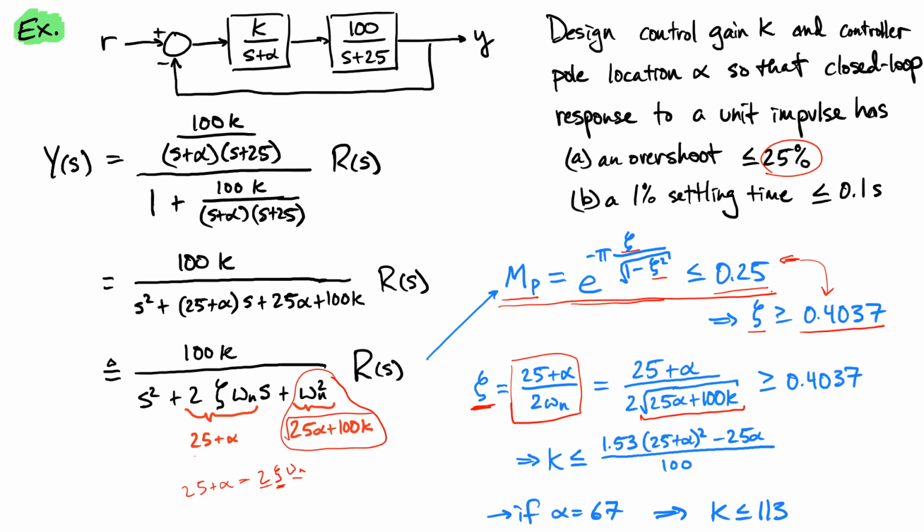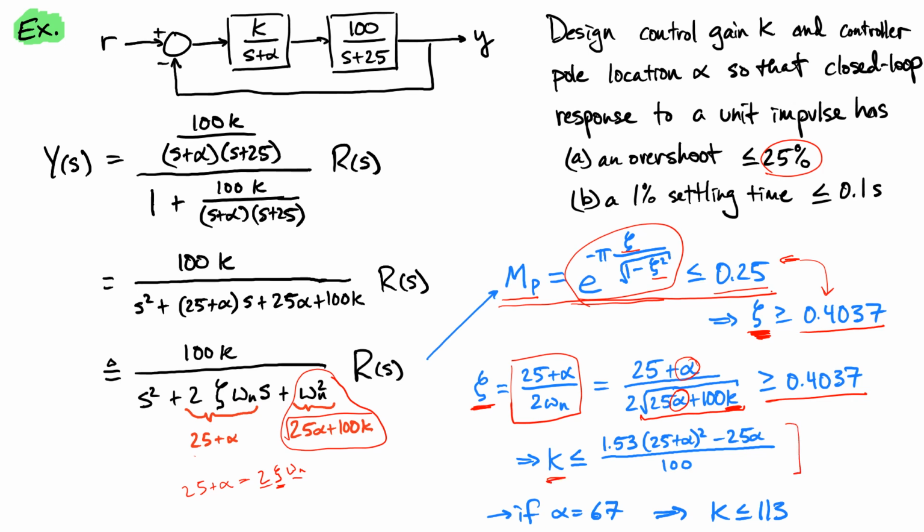And now we have an expression, and another equality that says, okay, this is what we learned for zeta from our overshoot formula. So let's go ahead and put that in place, and we already have a constraint on alpha, and so then we could use that to specify what k is. And so if we solve for k, we get this somewhat complicated formula.